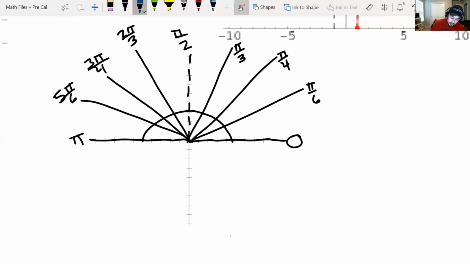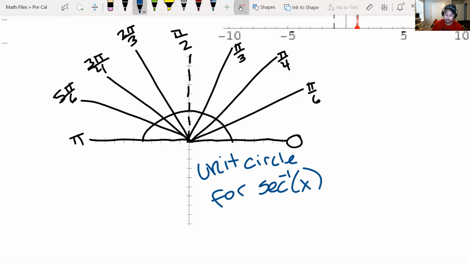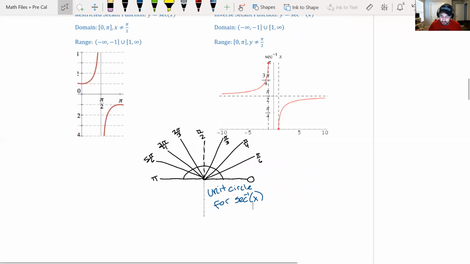So once again, this is where the inverse secant function lives. This is the unit circle for secant inverse of x, right? All of these values are where the inverse secant lives. So this is what you want to reference. Okay, so that's the inverse secant function.